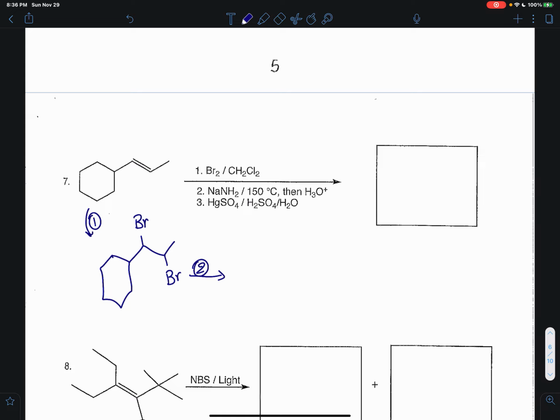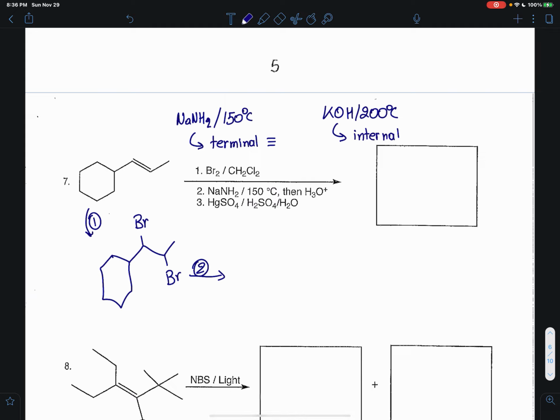There's NaNH2, which is this one, at 150 degrees Celsius, and the other one is going to be KOH at 200 degrees Celsius. Now, the difference between these two is that with NaNH2 at 150 degrees Celsius, you're going to end up with a terminal alkyne, but with KOH at 200 degrees Celsius, you're going to end up with an internal triple bond.